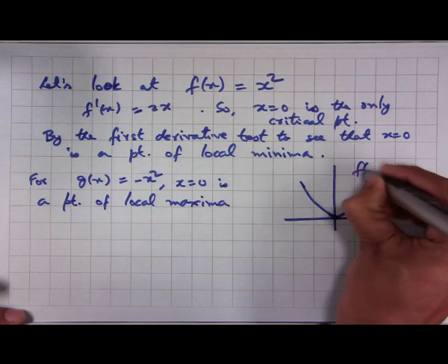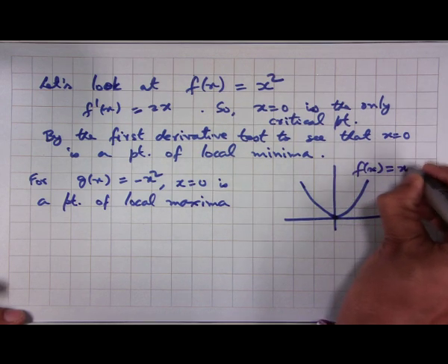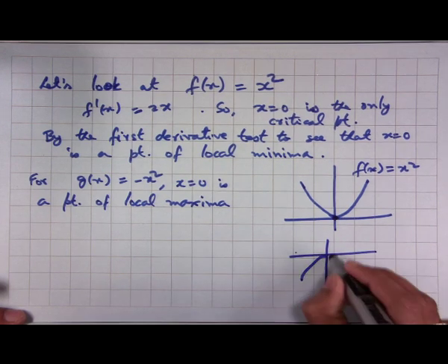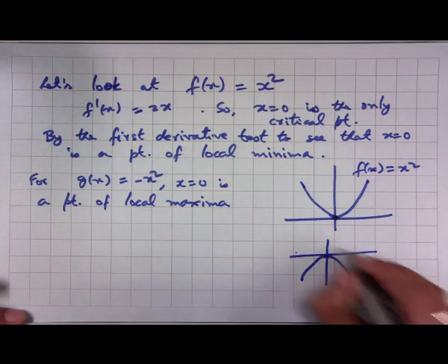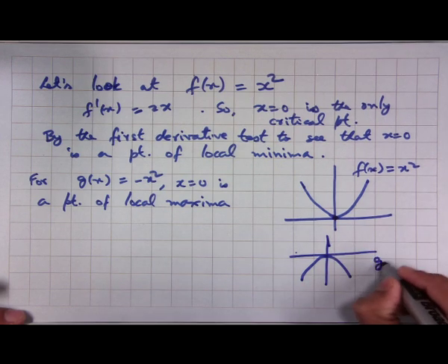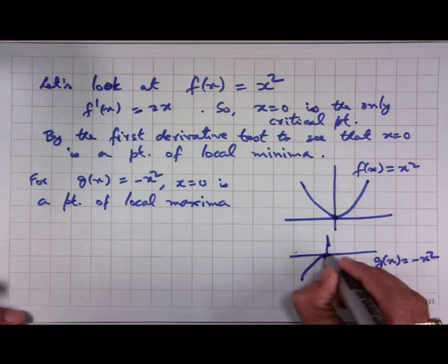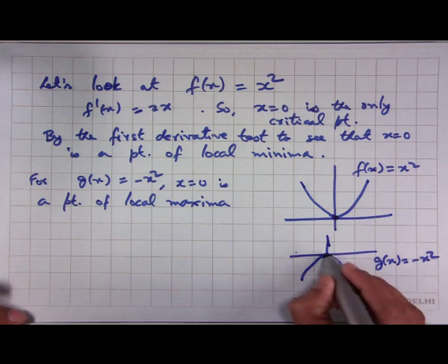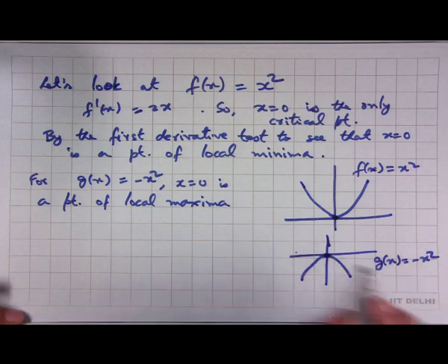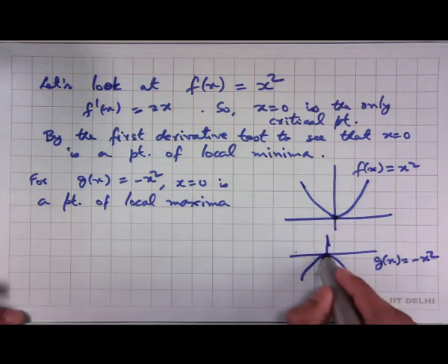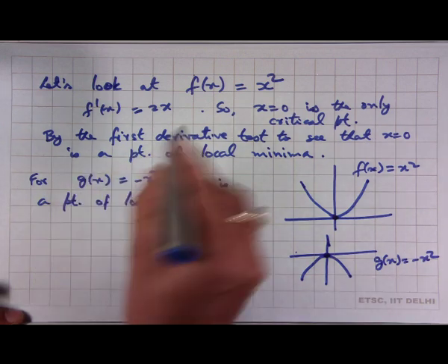This is f x equal to x square, and if I take g x equal to minus x square, this is g of x minus x square. Here x equal to 0 is again a critical point, which is local maxima. So, for both of these, f prime 0 is 0, g prime 0 is 0.